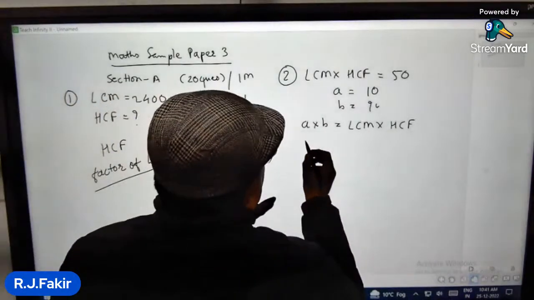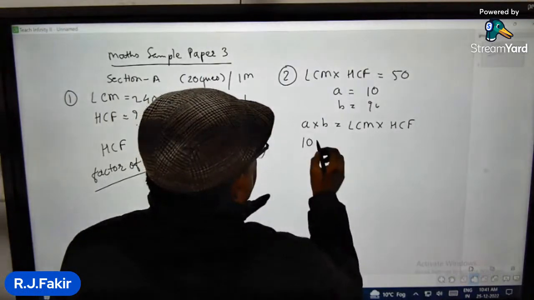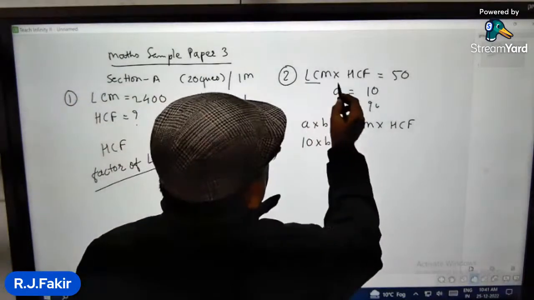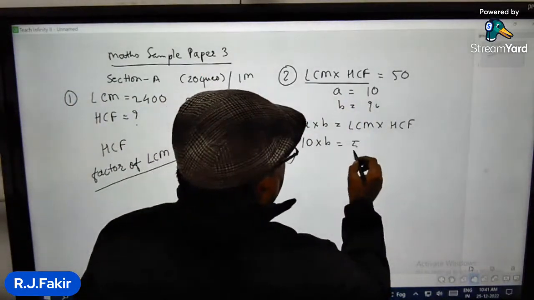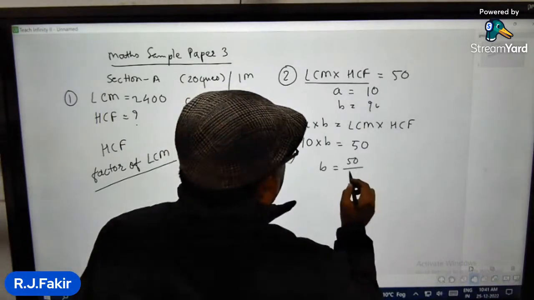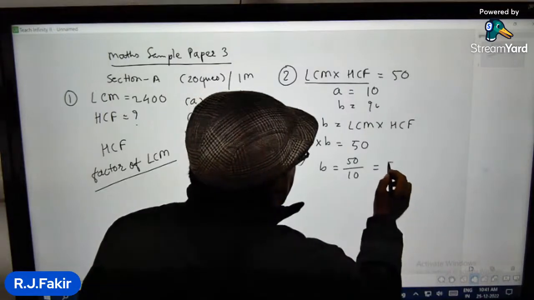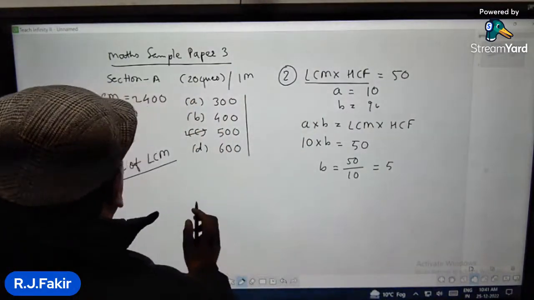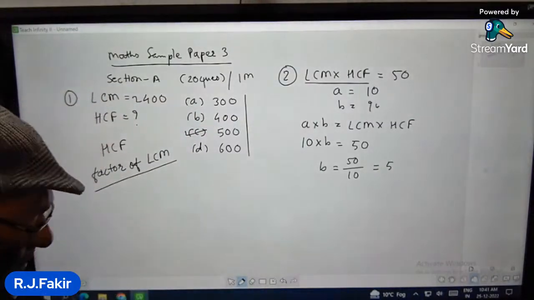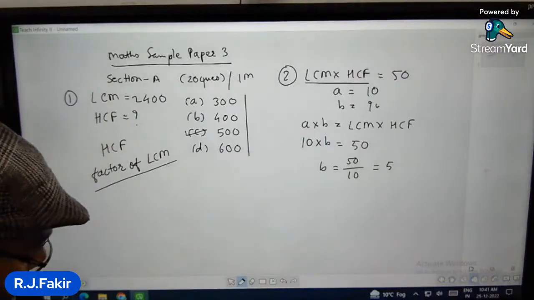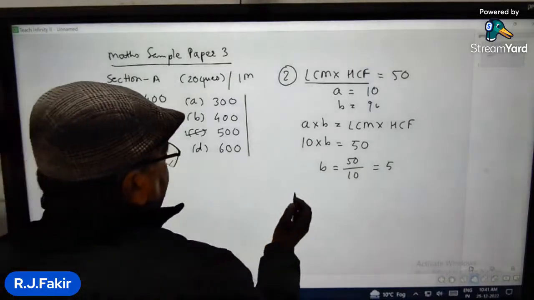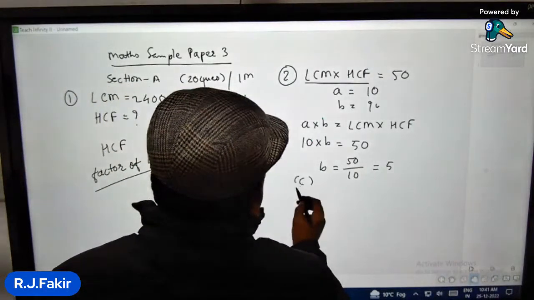So in this case, one number is known, that is 10, another we have to find, but we know the product of LCM and HCF, that is 50. So the other number will be 50 upon 10, that is 5. And in this one the option C was correct. So you can see the options here. Option C is 5. So for second, the option C is correct.